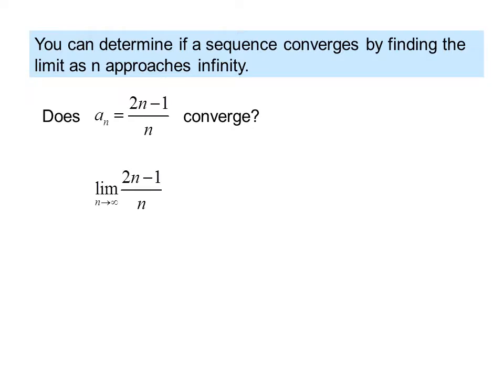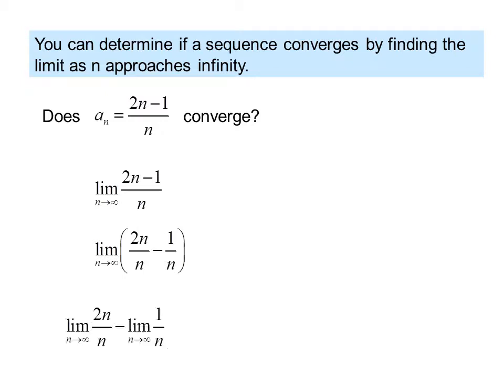I take the limit as n goes to infinity of 2n minus 1 over n, which we could separate as the limit as n goes to infinity of 2n over n minus 1 over n, and separate into two limits, the limit as n goes to infinity of 2n over n minus the limit as n goes to infinity of 1 over n.